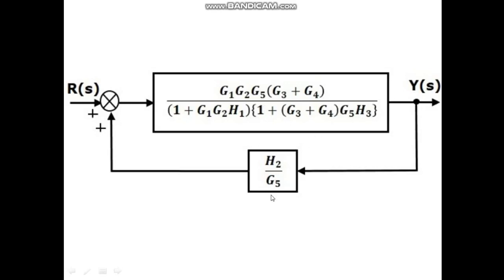And now you can see the last minor feedback loop with the feedback X2 divided by G5, which has positive sign. So you can take this complete term in the numerator divided by 1 minus this complete term into H2 by G5.